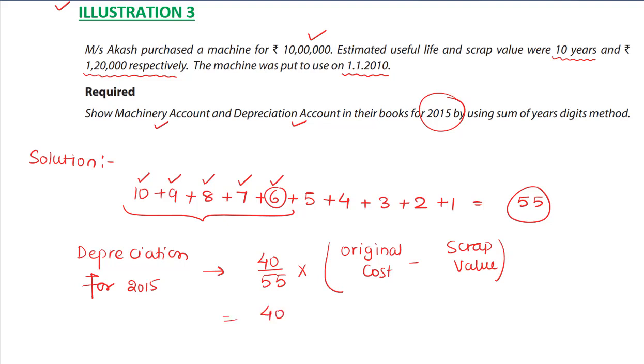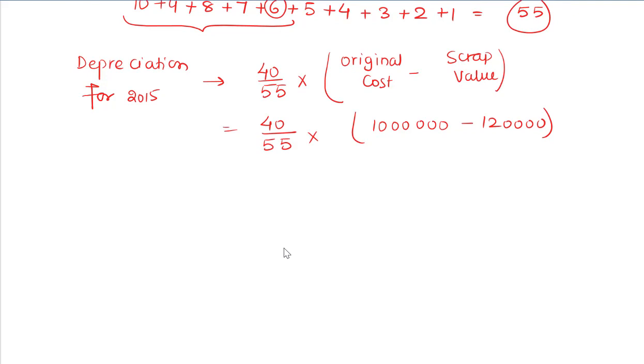What is the original cost? 10 lakhs. 10 lakhs minus scrap value 1,20,000 is 8,80,000. Now quickly solve it on your calculators. 8,80,000 multiplied by 40 by 55 is 6,40,000.